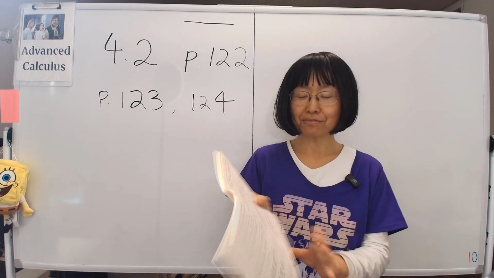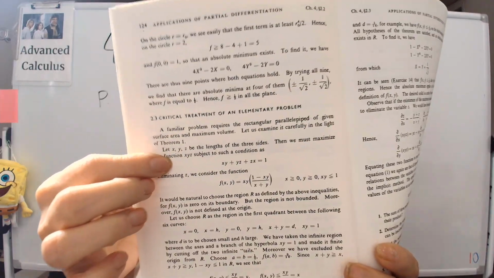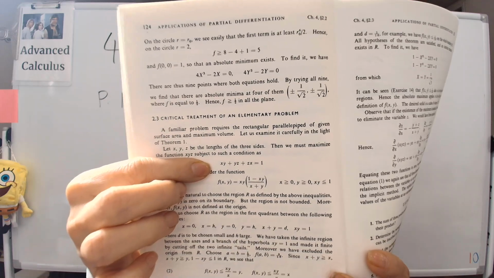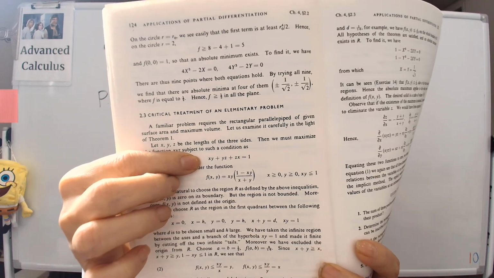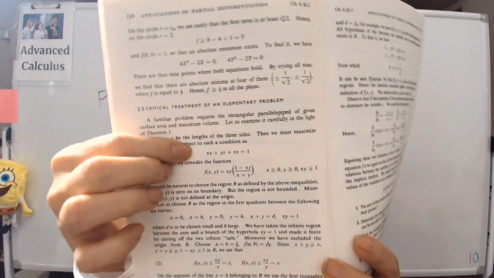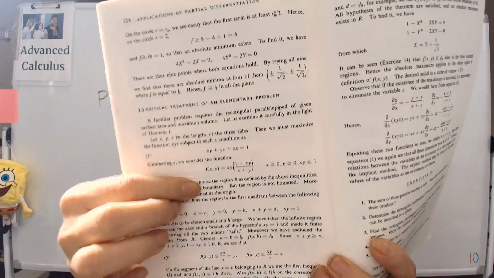Well, first, of course, we have the volume. The dimensions will be x, y, z. So the surface area will be subject to xy + yz + zx = 1. Let's just call it 1 to make life easy for now.